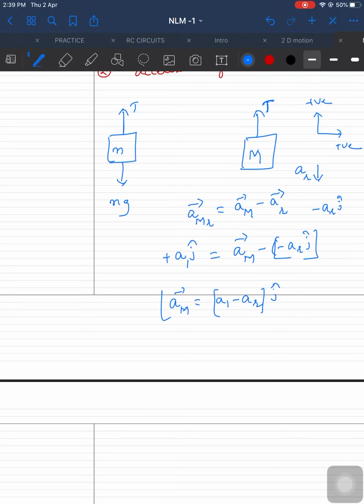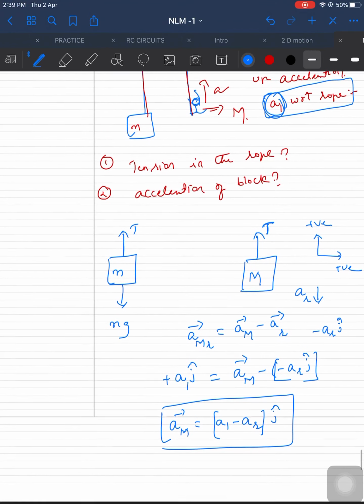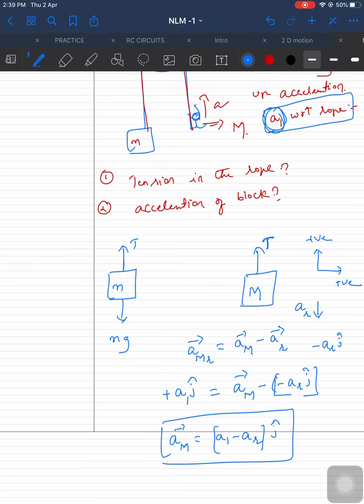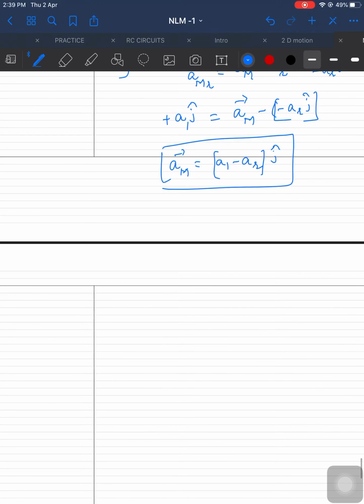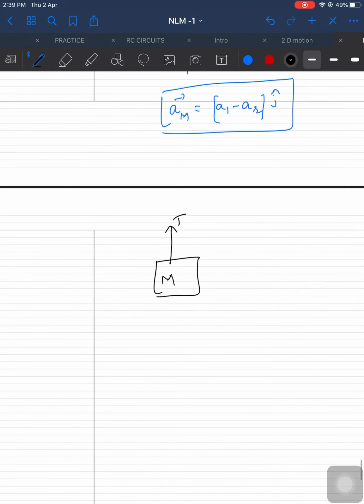Sir, what is the necessity to write the acceleration of man? Why find it? Now this is a completely different frame of reference, with respect to rope, but problems we should solve with respect to ground. If we draw the free body diagram of man, the tension acts in the upward direction and the weight Mg acts in the downward direction.